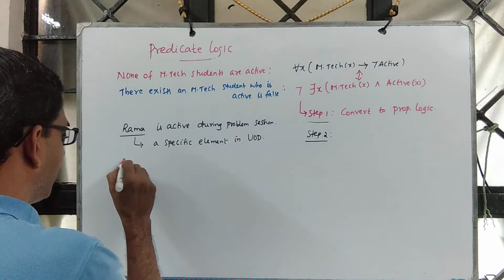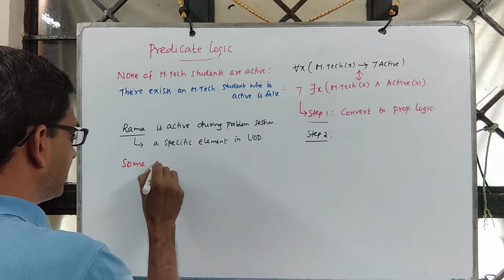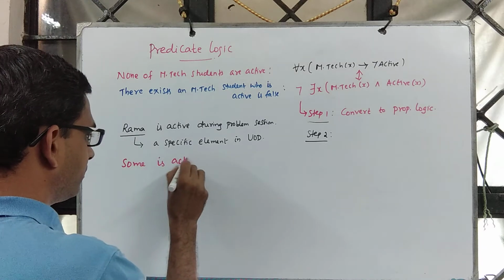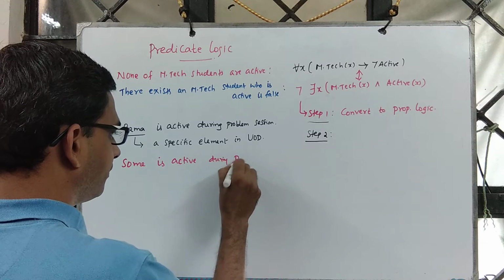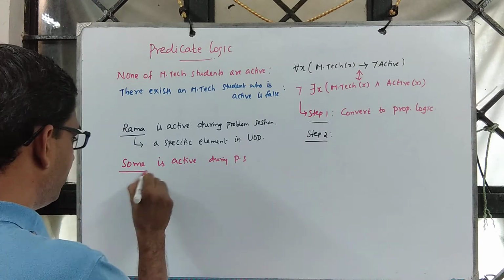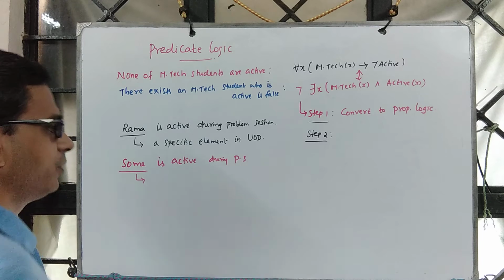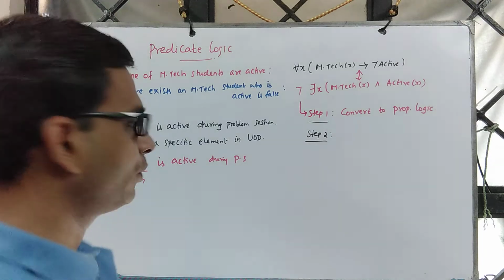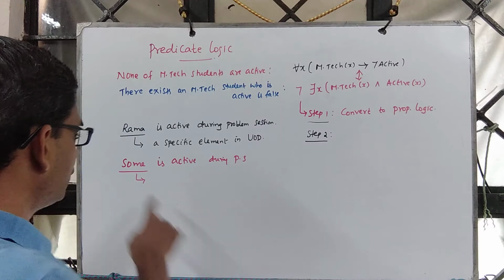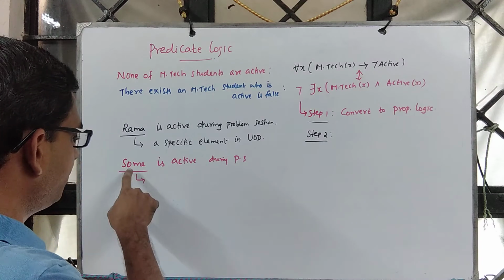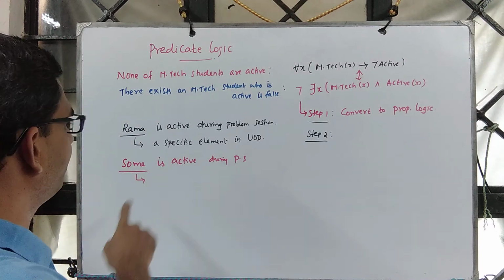But when we say "some is active during problem session," then this could mean some x. We don't know which x we are referring to, which is why quantifiers play a role when you bring in some, all, and so on.